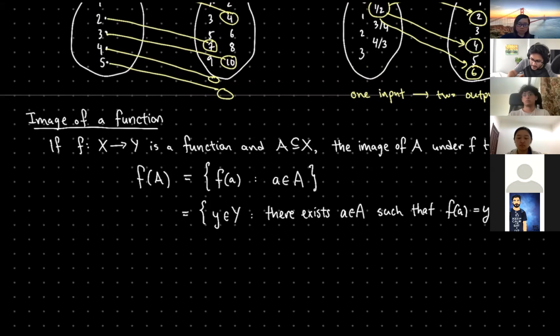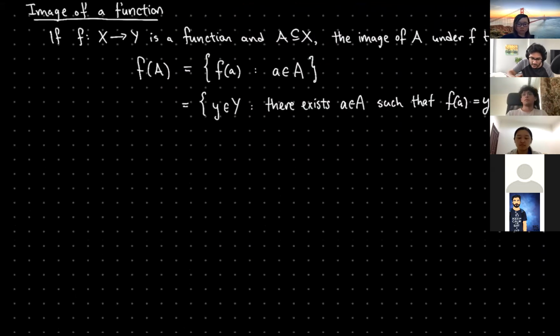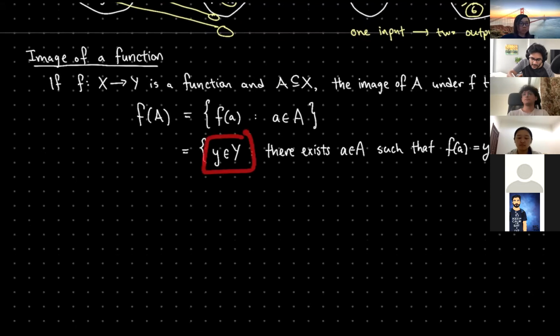So this is the set of outputs that's achievable by some input from A. And since this is a set of elements of Y, this is a subset of capital Y. So this is what the image of a function is.